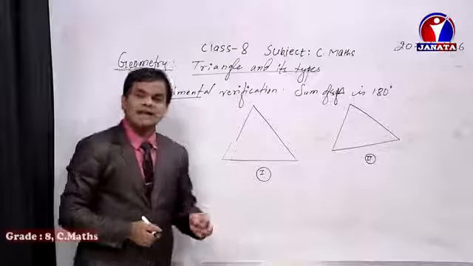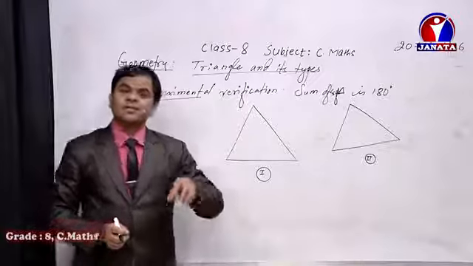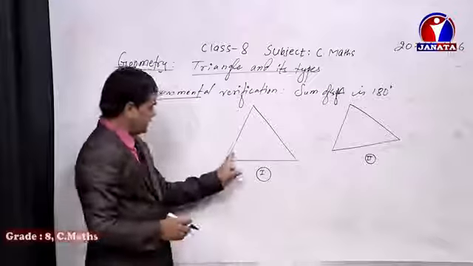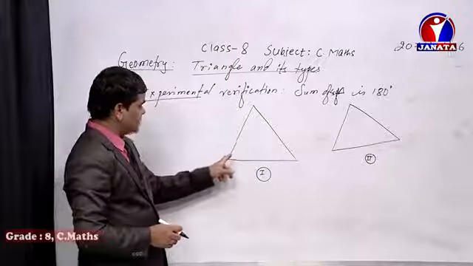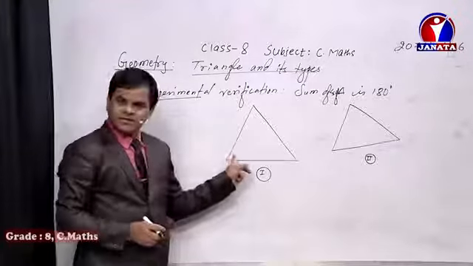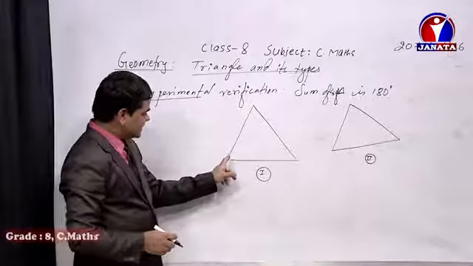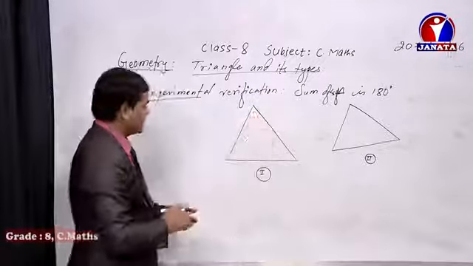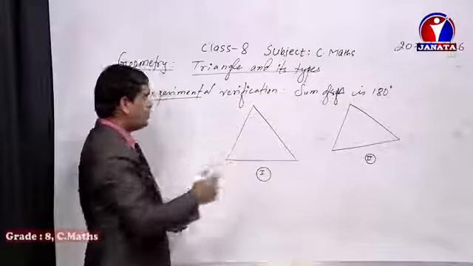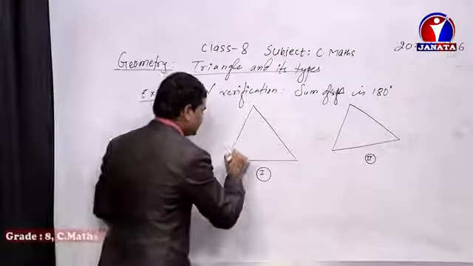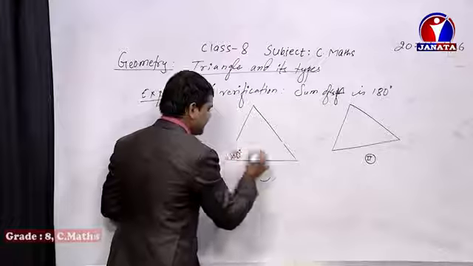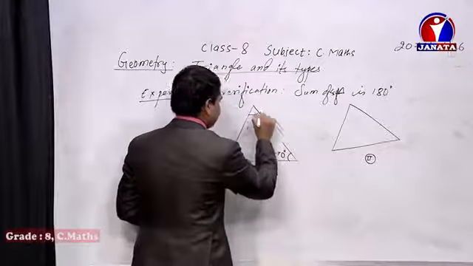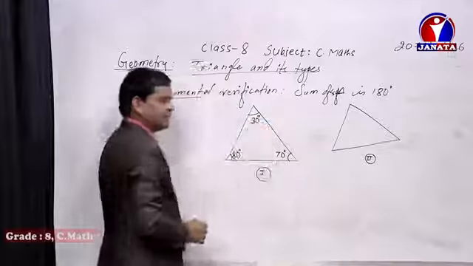And then, dear students, now it is the turn of using the protractor. Measure the angles very carefully. In class 7 you have learned how to measure angles by using a protractor. Use it, and measure this angle, this one angle, and this one angle. All together you will get the sum of the angles as, for example, if this is 80 degrees, this is let's say 70 degrees, and this one will be 30 degrees.